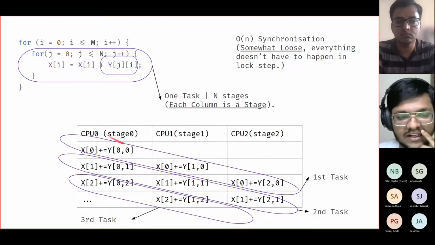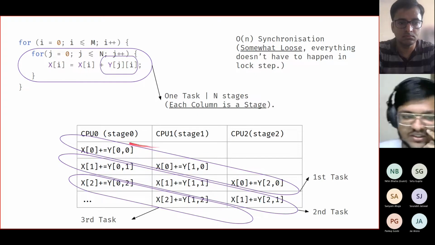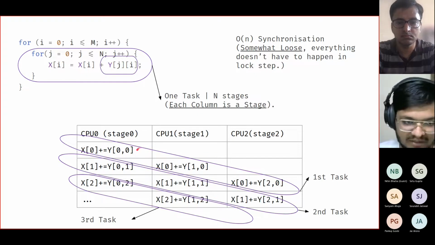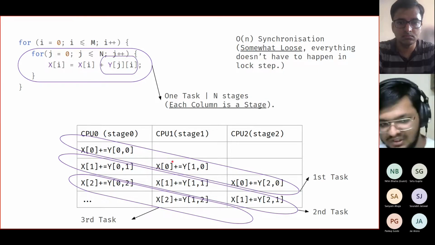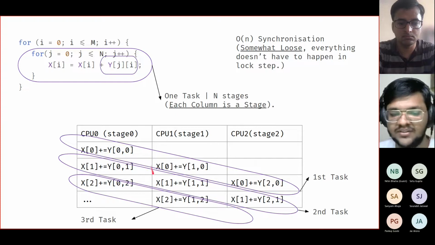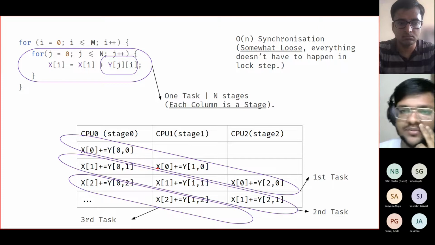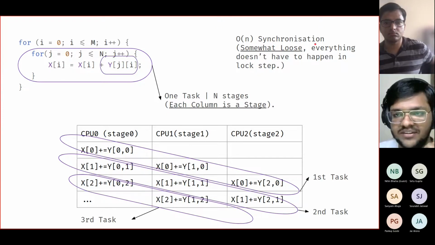Each CPU is specialized for that particular stage. This is a very loose synchronization, because we are just signaling the next CPU to start its execution, and CPU 0 doesn't have to wait anywhere. It can start its execution and keep signaling the other CPUs.